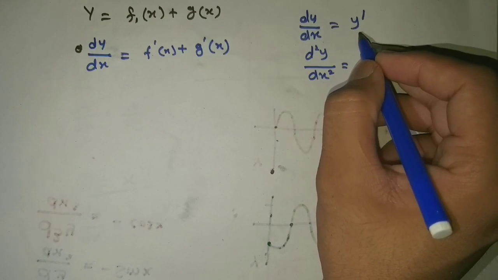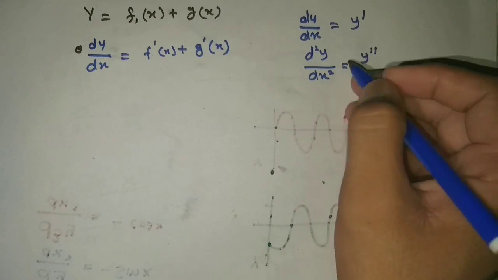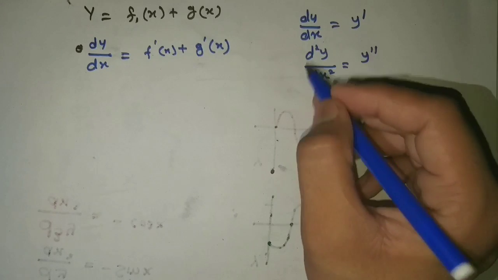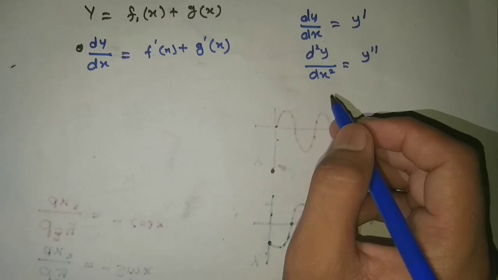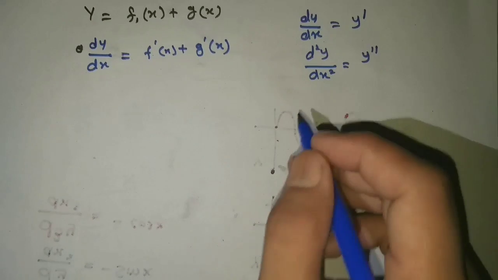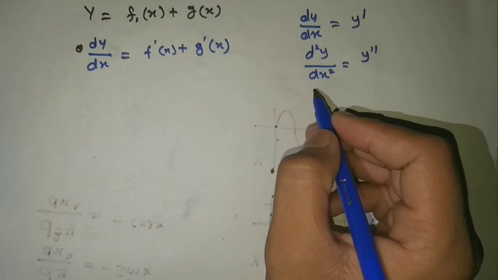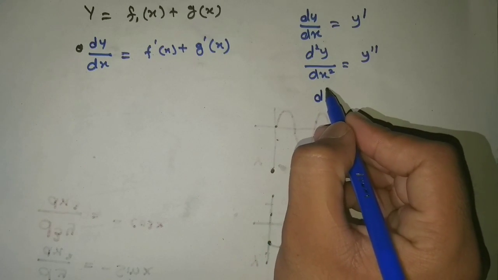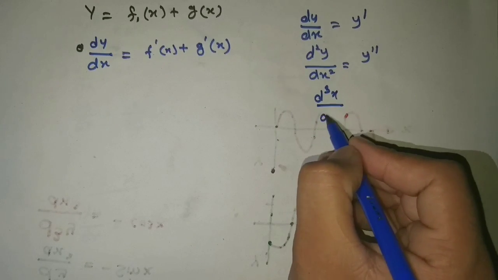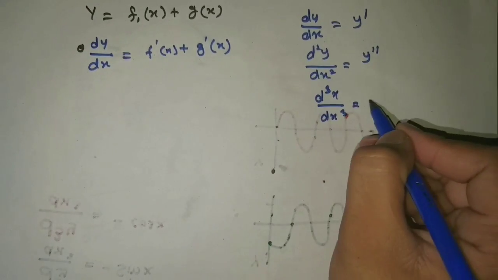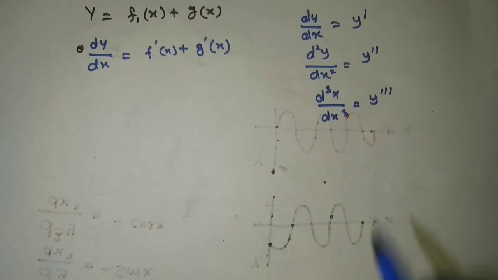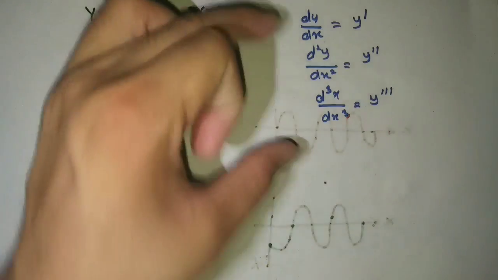It is the first derivative, it is the second derivative. If I differentiate it with respect to x a third time, it is d cube y over dx cube, it will be y triple prime. So this is the meaning of primes.